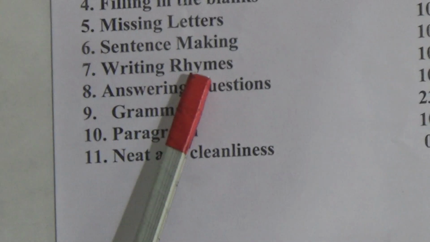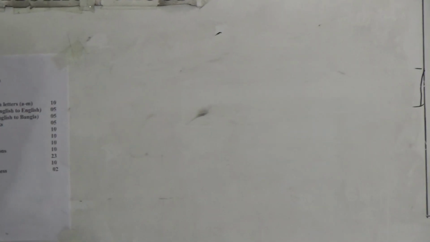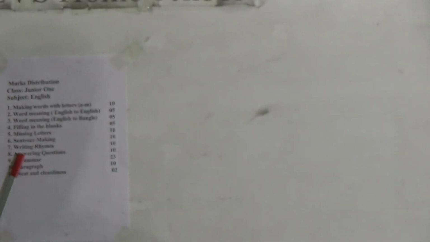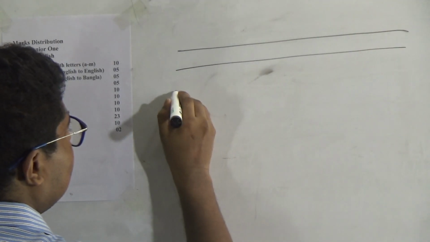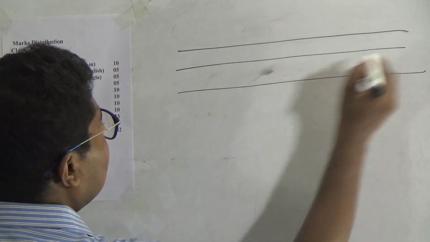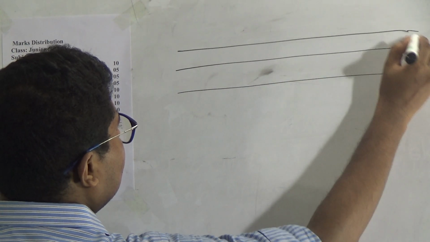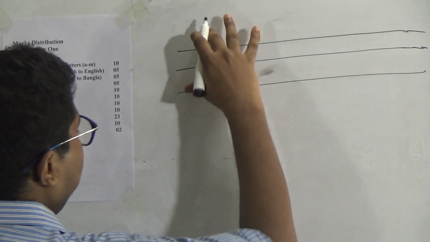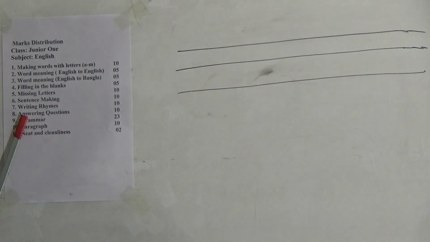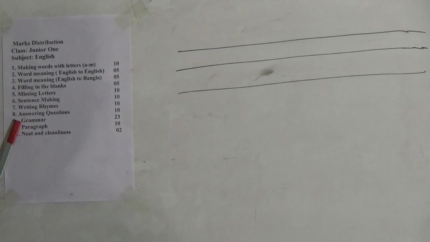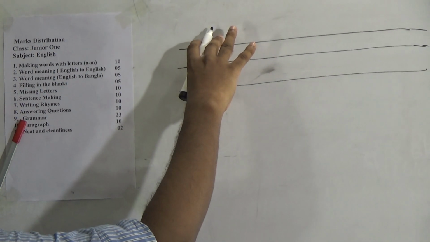Number 7, writing rhymes. So how will we write the exam? We have studied 2 rhymes: Mommy and Daddy, and Teddy Bear. So in the exam, when you are writing the rhyme, this type of paper will be given. Okay, you will write first the title of the topic.